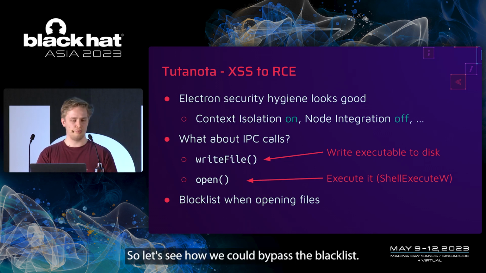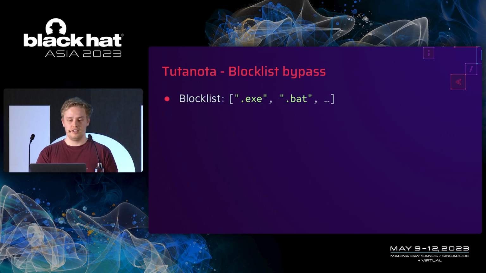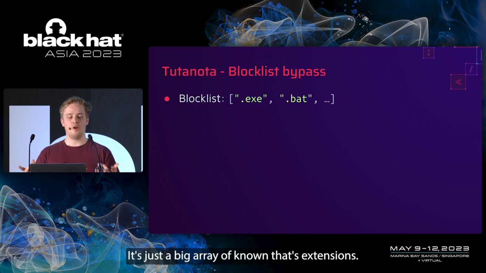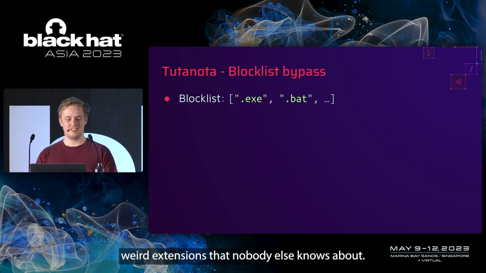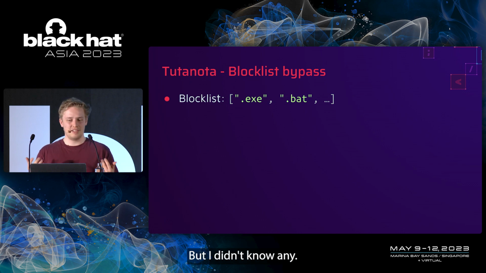So let's see how we could bypass the block list. This is how it looks. It's just a big array of known bad extensions. There's about 20 of them, and there's probably a way to bypass this if you're good with Windows and know some weird extensions that nobody else knows about, but I didn't know any.